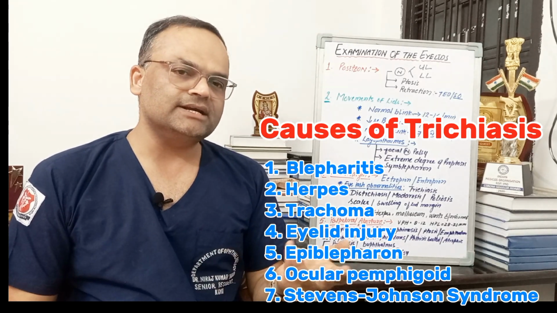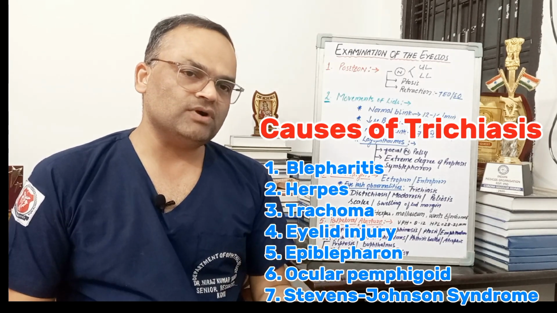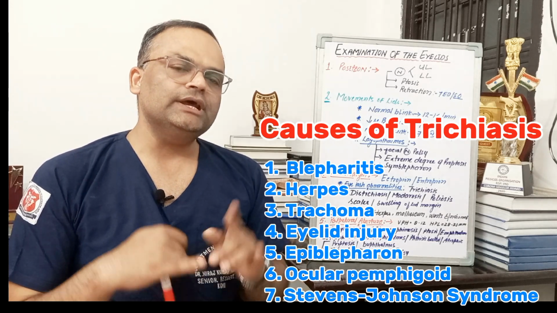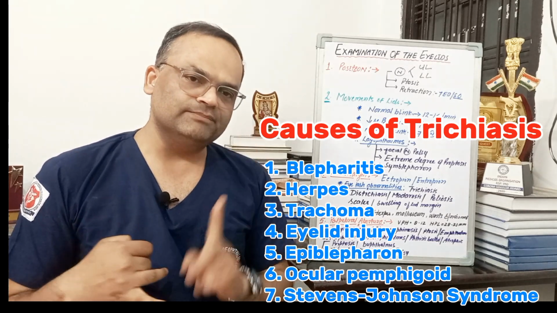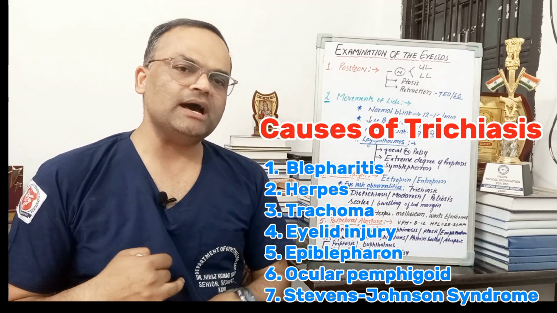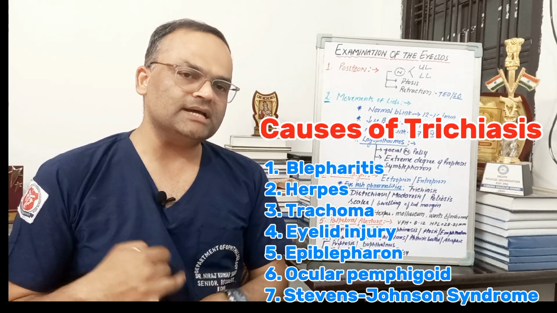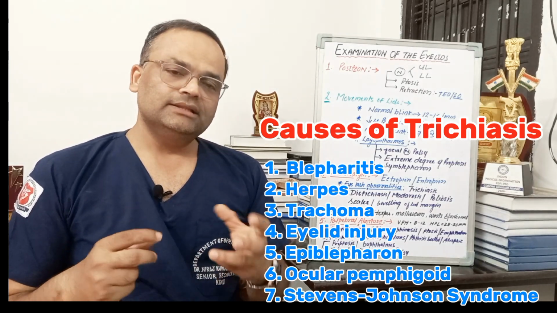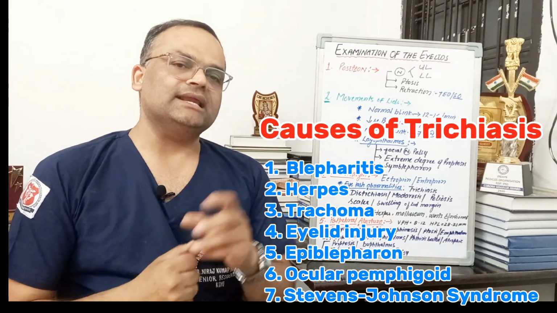This condition is generally seen in the cicatricial form of entropion, or in case of burns, trauma or chemical injury, lid marginal injury, where the eyelash directions are inward.